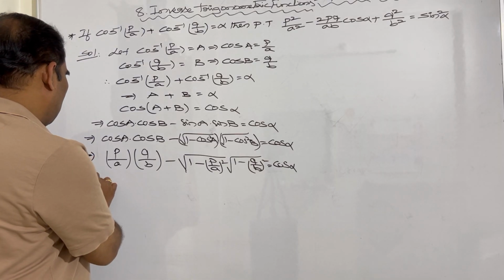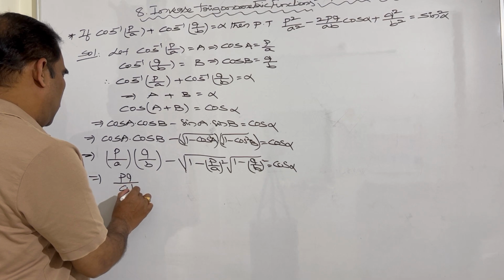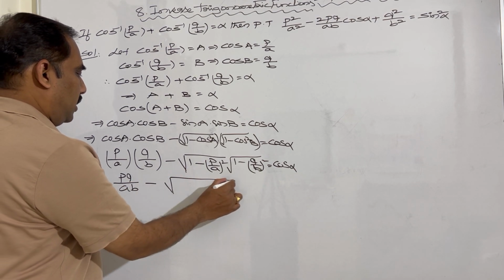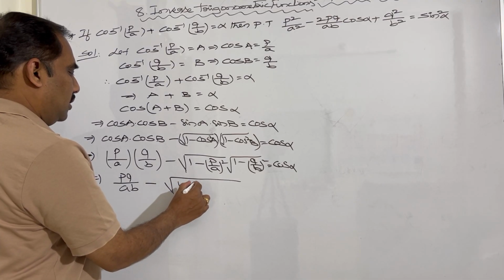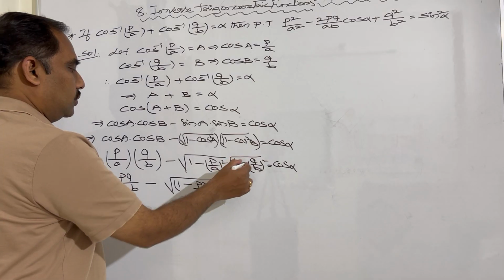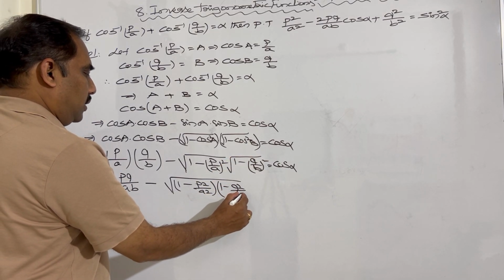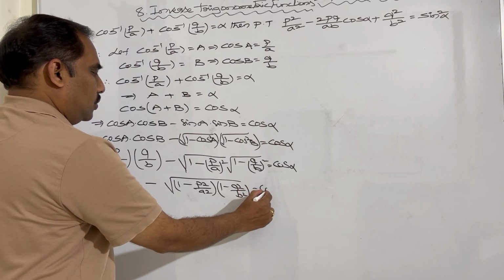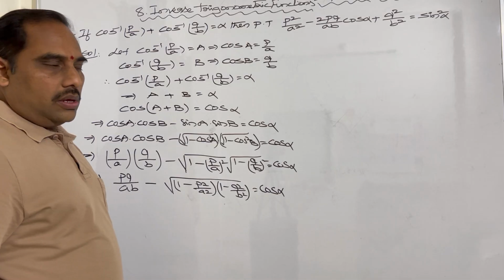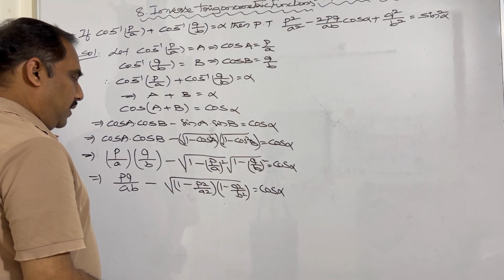Now pq by ab minus root over 1 minus p square by a square into 1 minus q square by b square. Why? Because root a into root b we can write as root of ab.